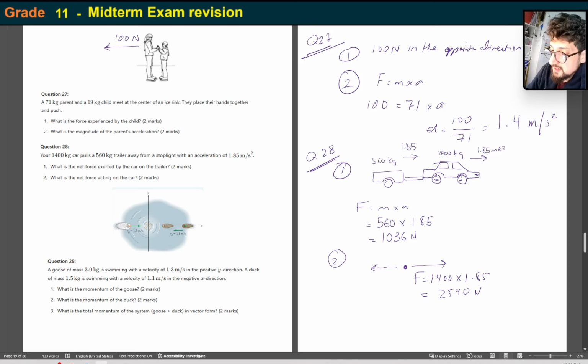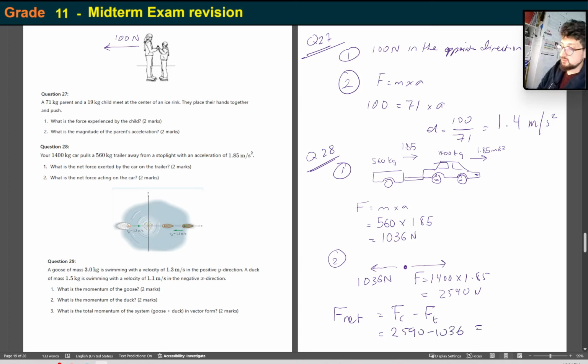So what is that force? Well, we just worked it out. That's the force. So we've got 1,036 newtons in the opposite direction. So the overall net force is going to be the force of the car minus the force of the trailer, which is going to be 2,590 minus 1,036.